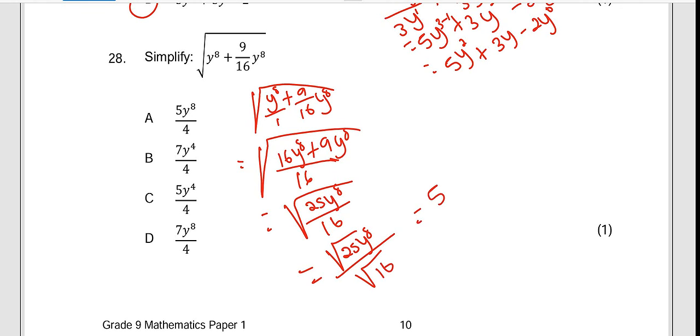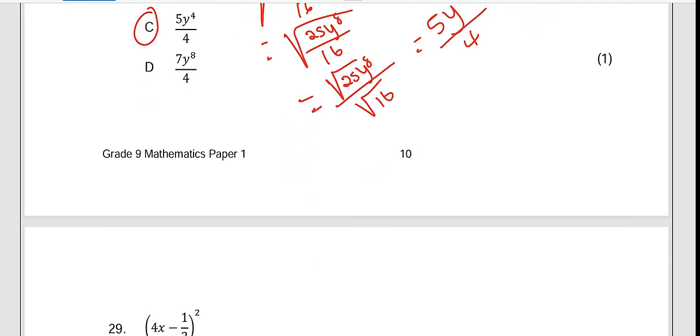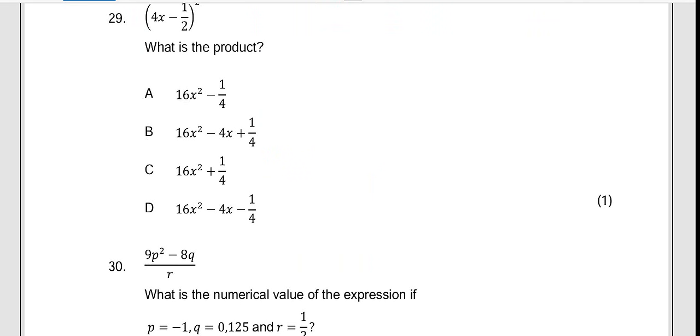The answer is going to be y to the, because I told you that the square root is a half in the exponent. So the square root of 25 is 5. And then y8 times 1 over 2 is going to give me 4, divided by 4. And the correct answer is C. Number 29.